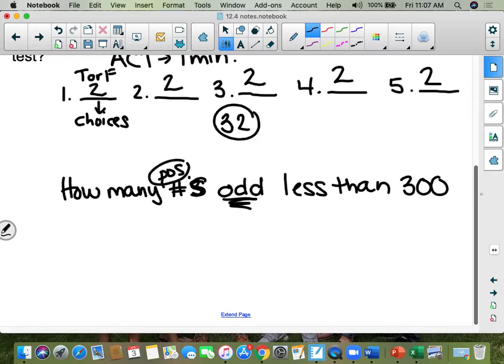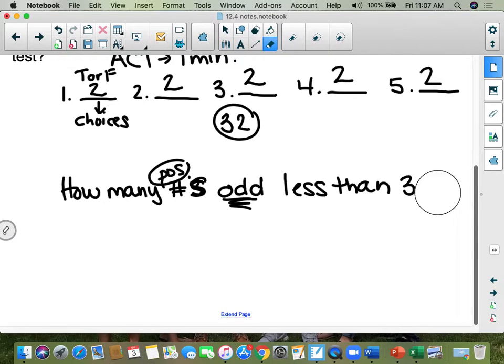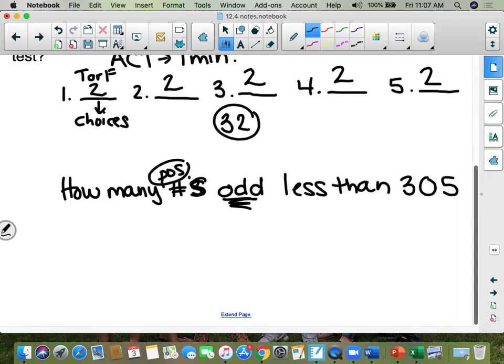Well, you can try to sit there and try to figure it out. Let's make it 305. Well, you know that there are 3-digit numbers. You know that there are 2-digit numbers that are less than 300. And you know that there are 1-digit numbers less than 305.